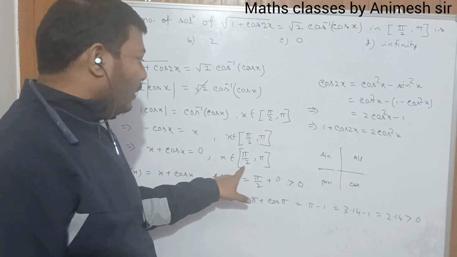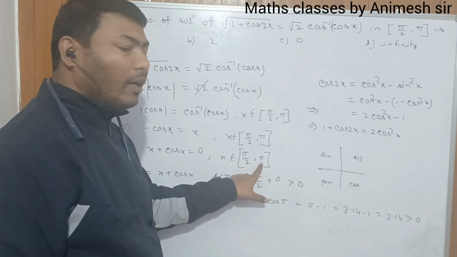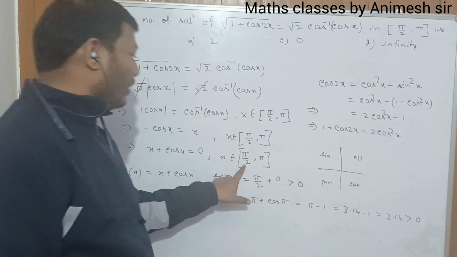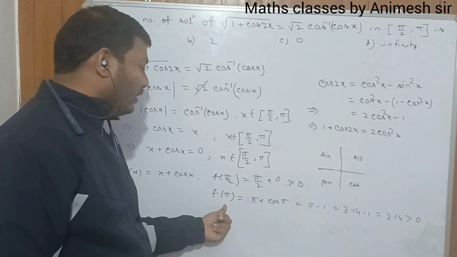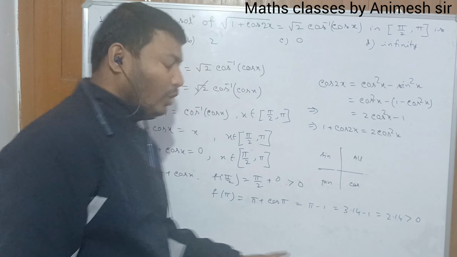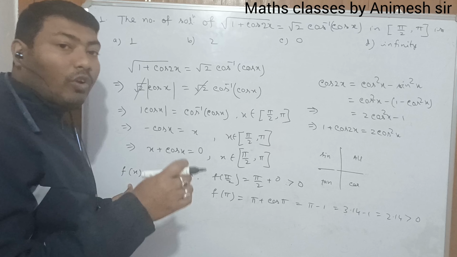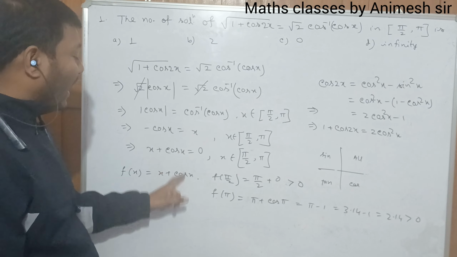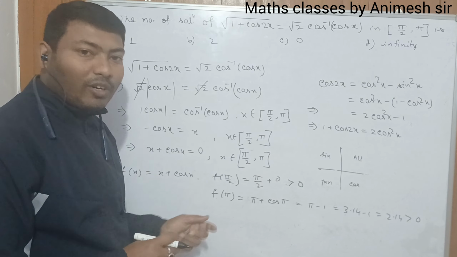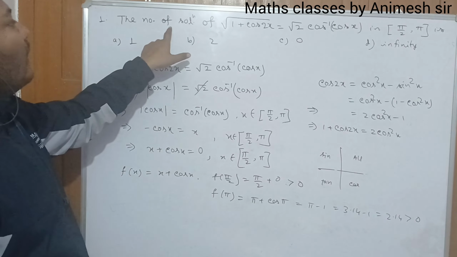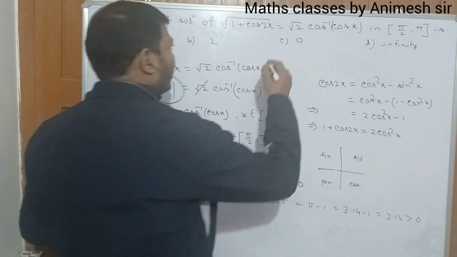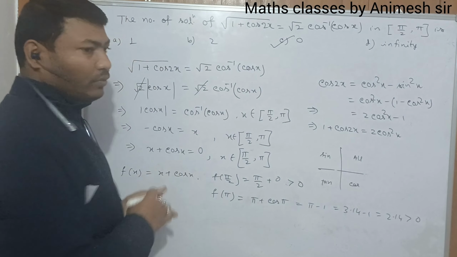At the lower limit pi by 2, f is greater than 0, and at the point pi, f is also greater than 0. So f of x will not take the value 0 at any point in this interval. So the number of solutions in this case will be 0.